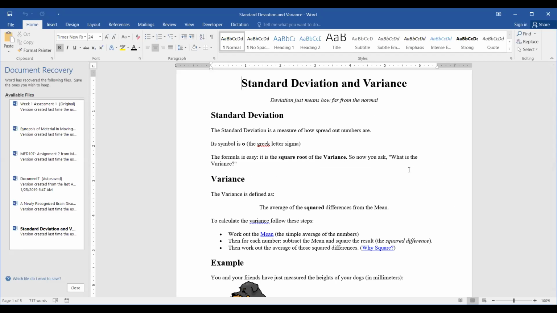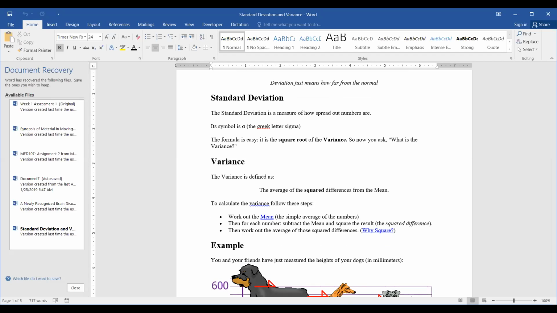But the standard deviation is mainly what we use in most of our work and what we'll use here. You will calculate standard deviation for your final. Again, use Excel. Use those formulas.